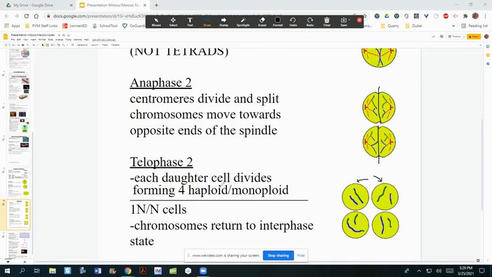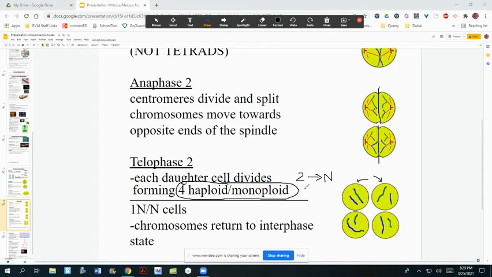But you'll notice that we're not calling them diploid or 2N. These are now going to be referred to as haploid or monoploid. They mean the same thing. Haploid means half the normal number. It's supposed to have 2 full sets, but now it has 1.